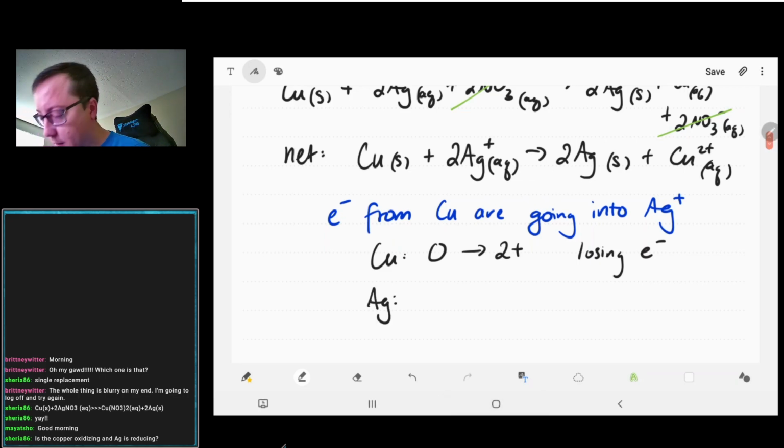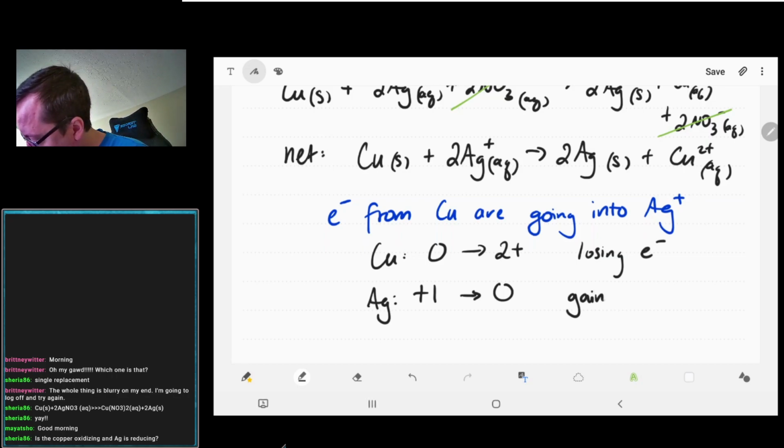If we look at silver overall in the course of this reaction, we can see it's going from +1 to 0. Let me just make that arrow a little nicer. And so we can see that this is going to be gaining of electrons. We can see that pretty clearly here in our net ionic equation.